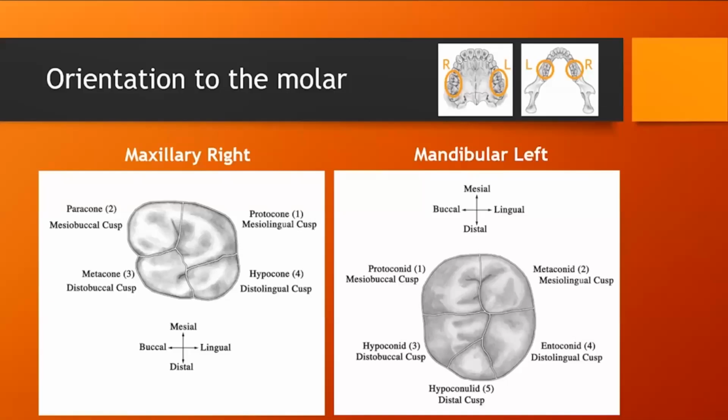Again, they're 1, 2, 3, 4, 5, but in a different placement, and they have names: protoconid, metaconid, hypoconid, entoconid, and the hypoconulid. But again, you can describe them just by the location on the tooth, and those don't change. If you can't remember what cusp number it is, and you can't remember the scientific name, you can always describe it by where it is on the tooth.